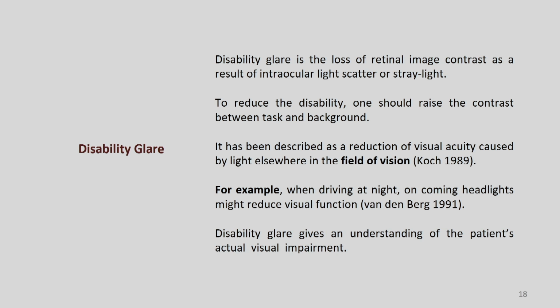So, you want to see a particular object, there is so much other background light and other sources of light, so that you cannot look at that particular object, and your eyes cannot create that particular image. Once these things happen, that is called disability glare.